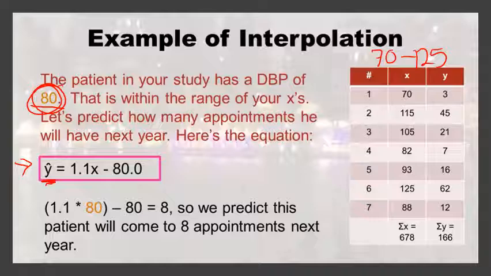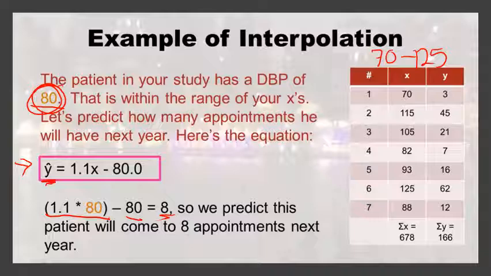So we plugged the 80 into the equation. Over here, we get 1.1 times 80 minus 80. When we do that, we get 8. So we're going to predict that this patient will come into the clinic 8 appointments next year.